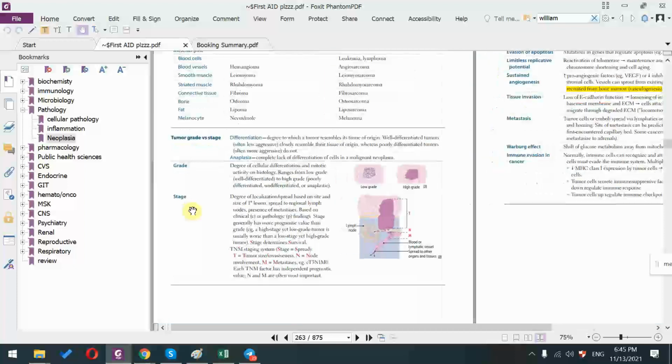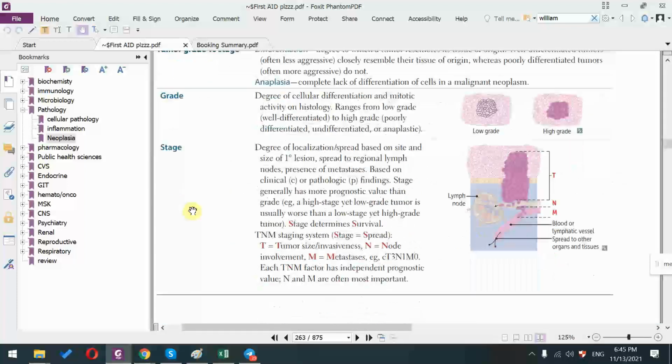So stage is the degree of localization and spread based on the site and size of the primary lesion. So spread to the lymph node, which is the N, and the presence of metastasis, which is the M. Based on the clinical and pathological finding, you will see what that means. There is the C versus P, which we use.